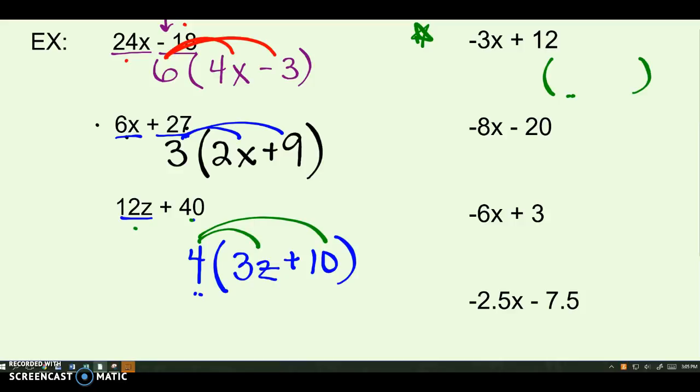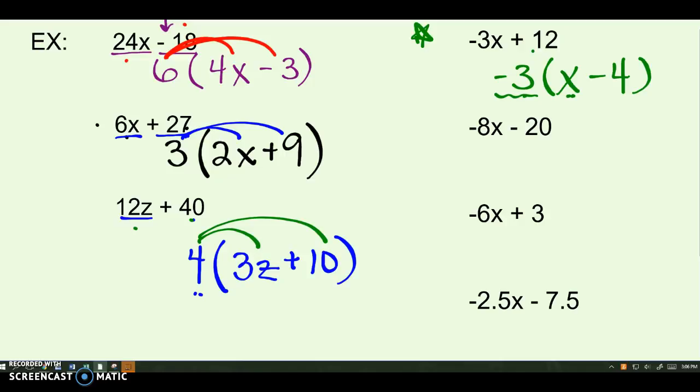So when I look at negative 3x and 12, negative 3 would be the greatest common factor I want to pull out. So now I just got to be really careful because remember I'm dividing by this negative 3 now. So negative 3x divided by negative 3 would leave you with just a positive x. And then 12 divided by negative 3 is actually negative 4.